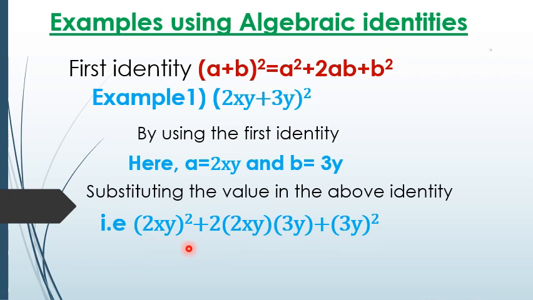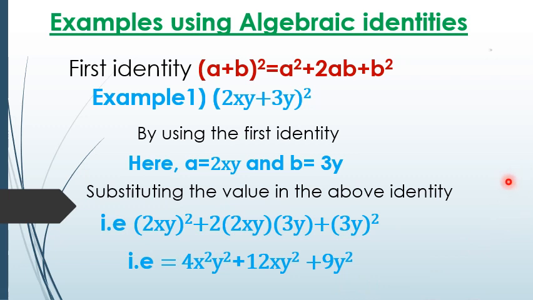And in the middle term, we will multiply numbers first. 2 into 2 is 4, into 3 is 12, 12xy square, plus (3y) whole square is 9y square. That is equal to 4x square y square plus 12xy square plus 9y square, which is the answer.